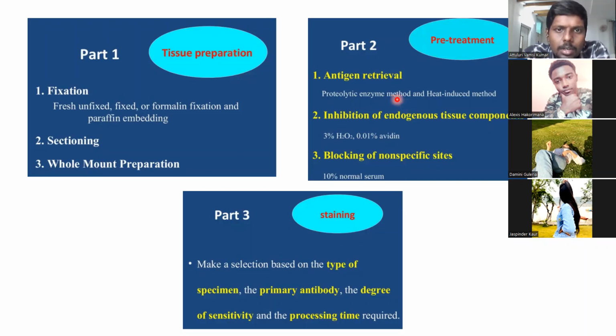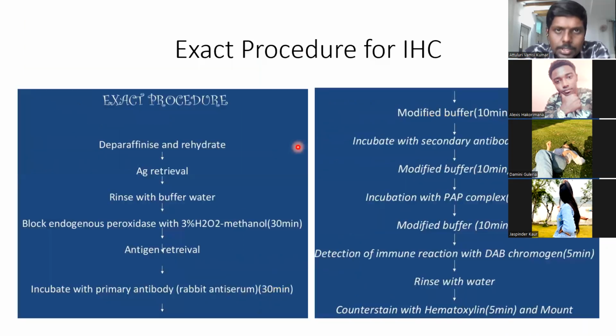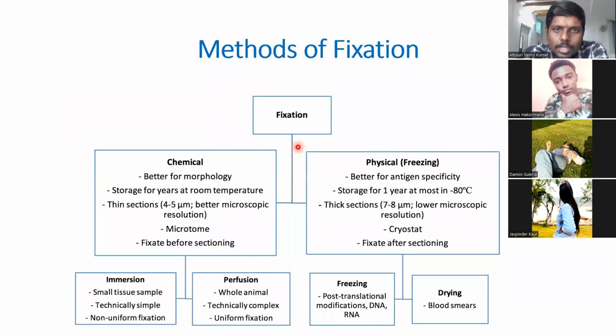Okay. So coming to the fixation. We already know fixation is a process of preserving the tissue by forming chemical cross links among the proteins, so that the proteins coagulate and form cross links.